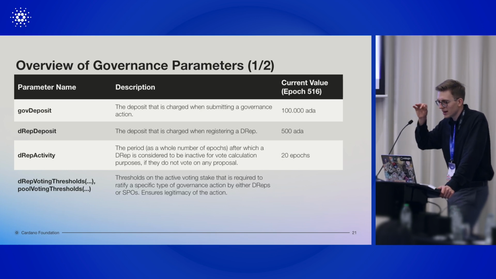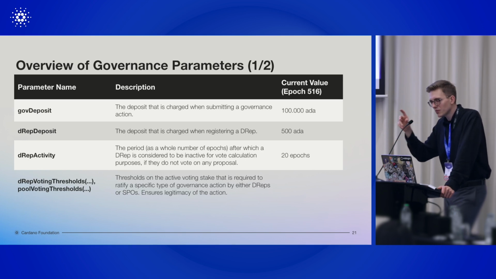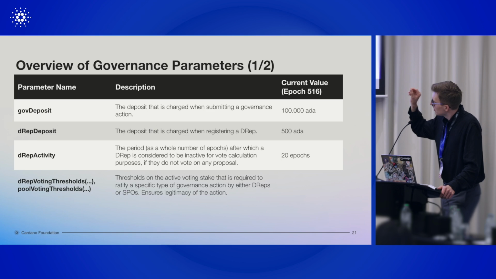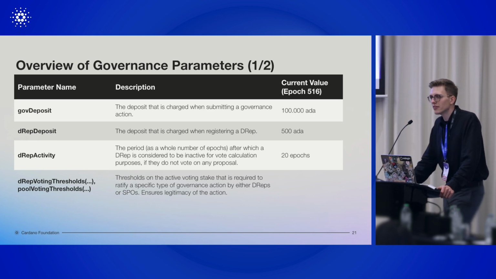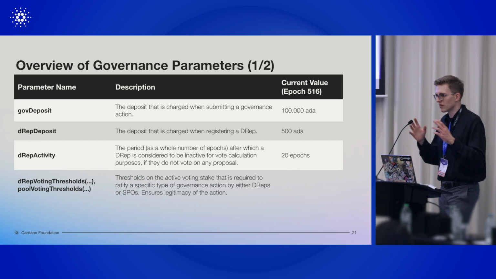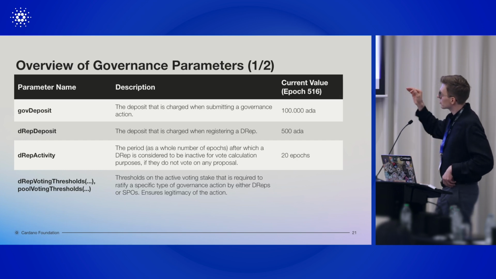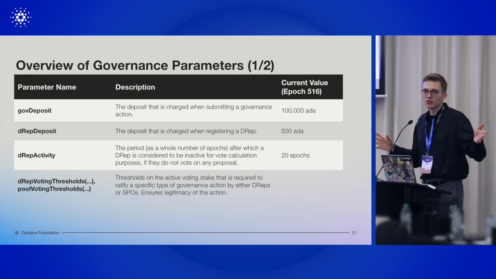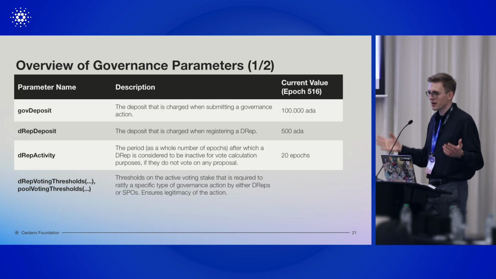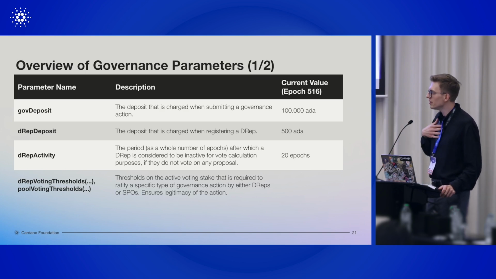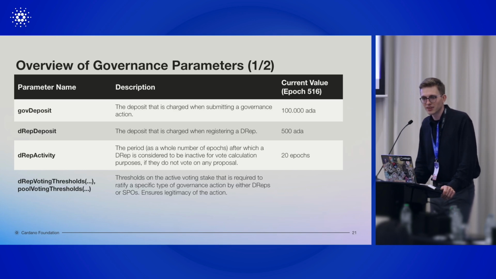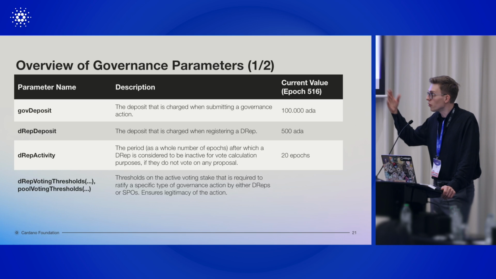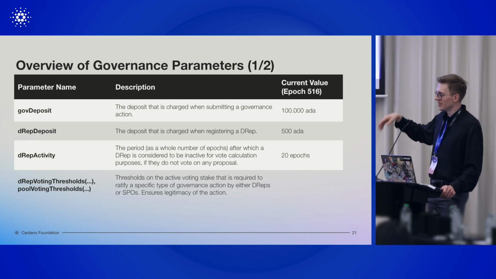So the deposit was set that high because when we think about governance, the actual action on chain is the last part of this whole governance process. Before an action is even submitted on chain, this is where you should have already some understanding of, does the community support my proposal? Do I have some advocates that support my cause? So for me, the biggest part about governance and governance action is that the actual consensus making and finding coalitions and talking about things happens off chain. And the last part is then submitting it on chain.